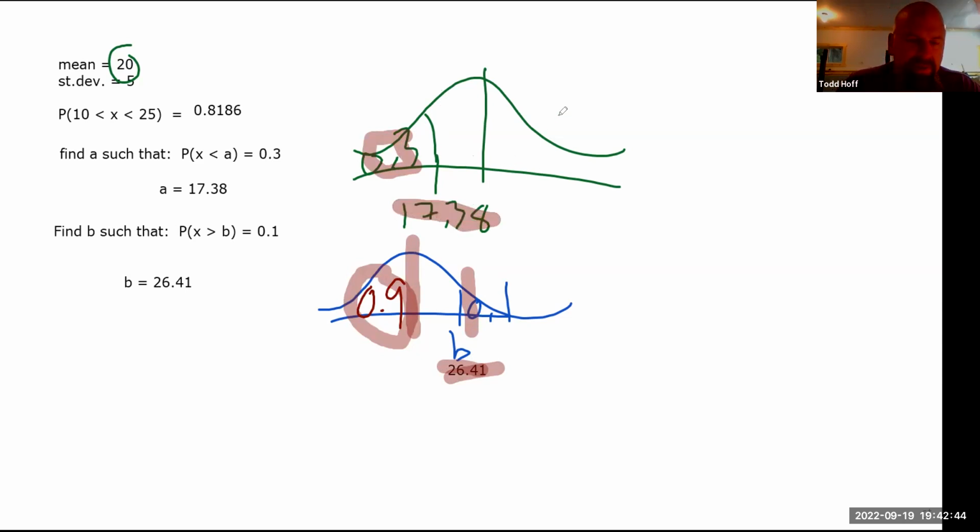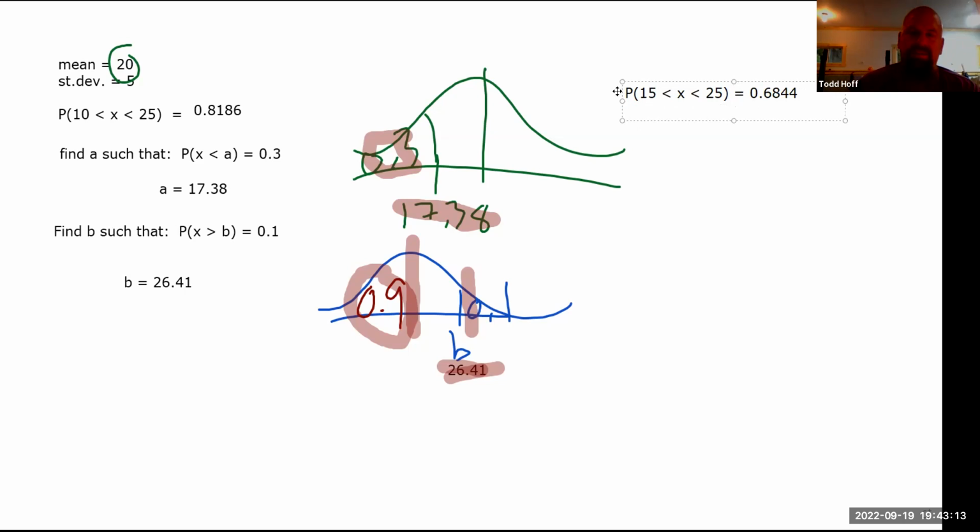So yeah, you can sort of use that to double check, but the probabilities in the middle get large very quickly. Like if I wanted to find the probability of being between 15 and 25, that's just one standard deviation on each side. That's going to be over 0.68. I think it's 0.6844.